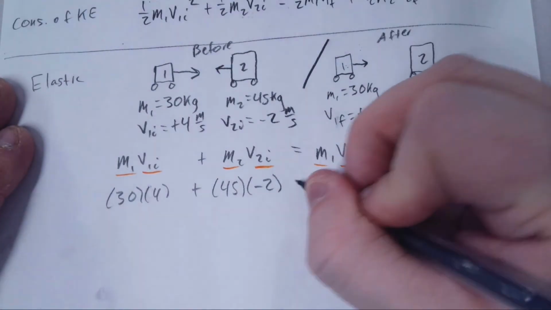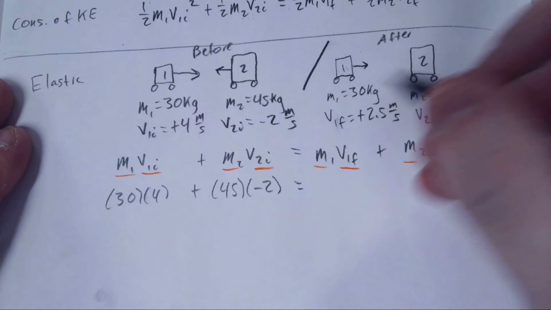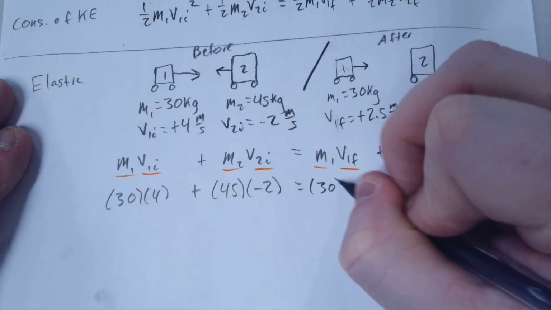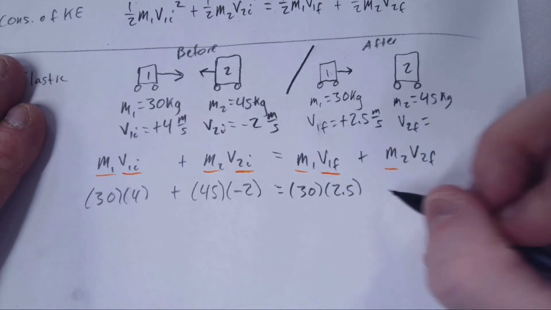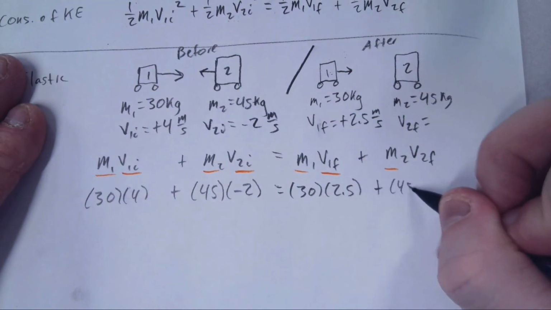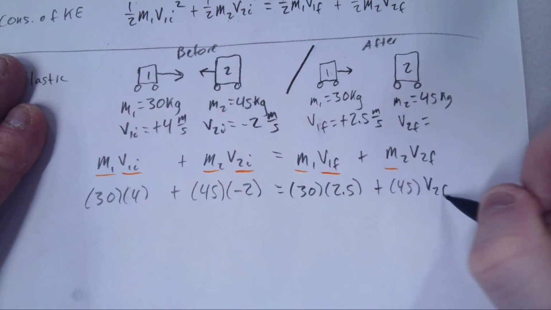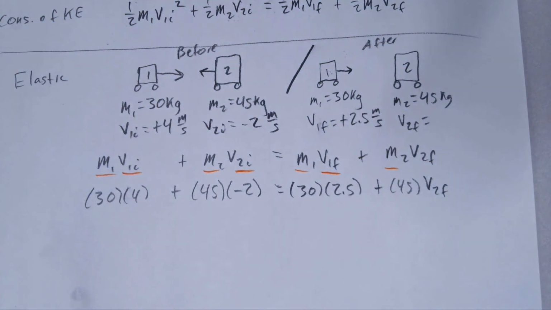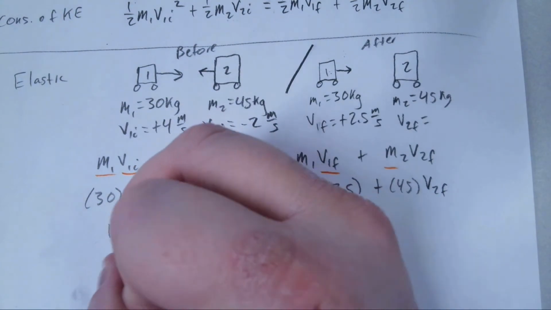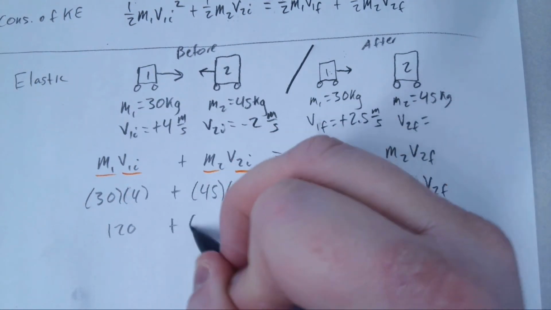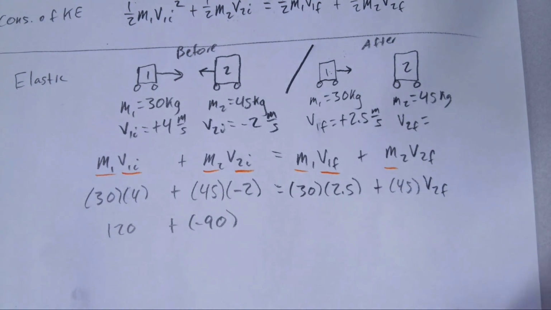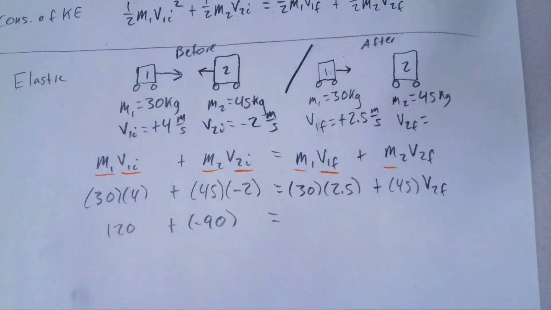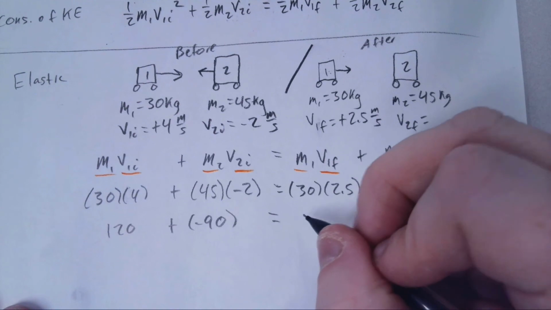If we had not plugged that in right, everything would have gone sideways. So we still may not have a prediction. 30 times 4 is 120. 45 times negative 2 is negative 90. 30 times 2.5, is it 75?